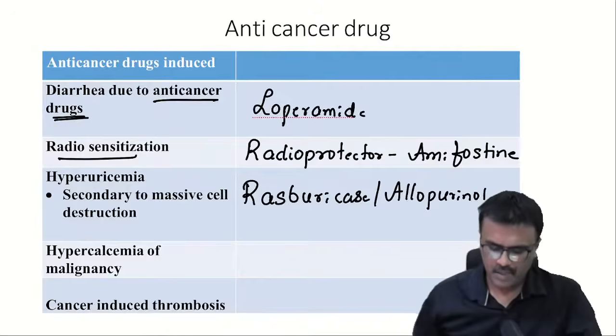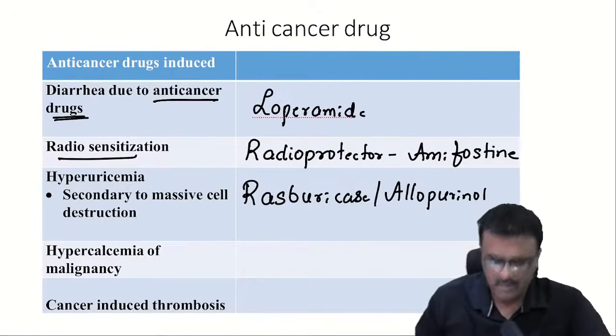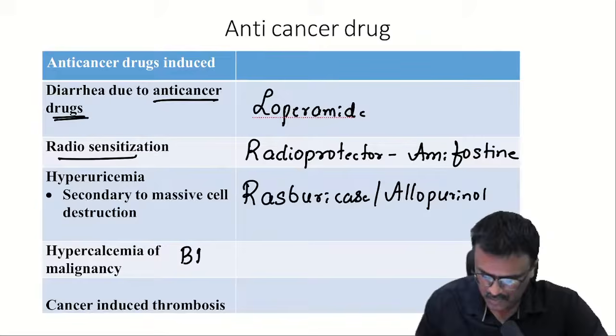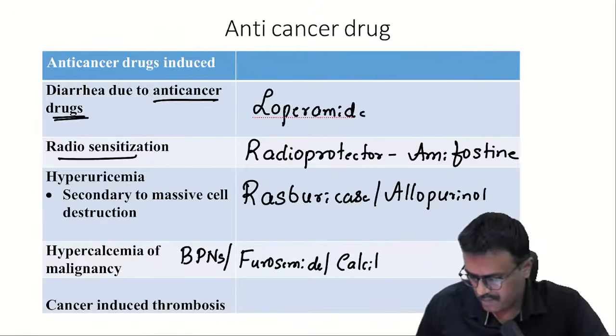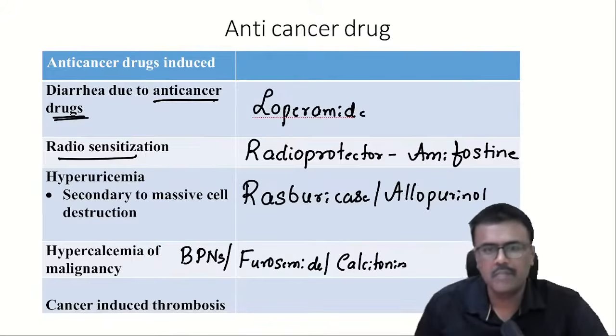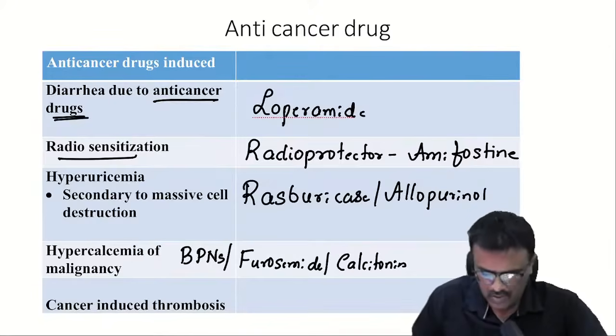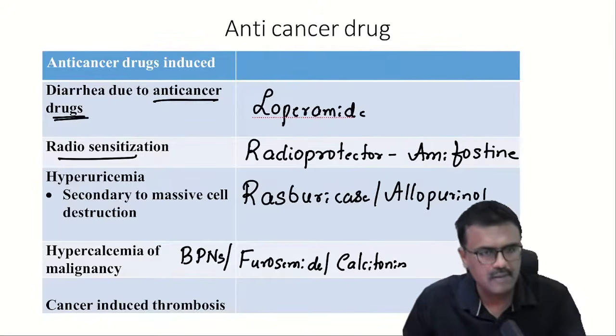Okay. Hypercalcemia of malignancy. The drugs of choice are bisphosphonates. You can also use a loop diuretic like furosemide or calcitonin. Cancer-induced thrombosis. The last one is for you guys.